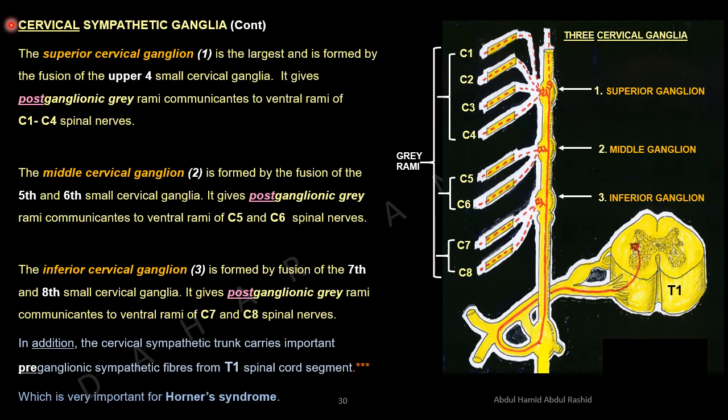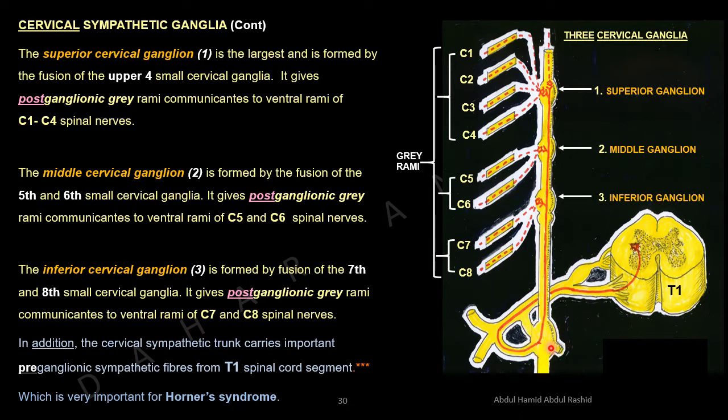Cervical sympathetic ganglia continued. I have already mentioned there are three cervical sympathetic ganglia in the cervical region. This is the inferior ganglion, middle ganglion, and superior ganglion. These are preganglionic sympathetic fibers coming from here and then going along, reaching the paravertebral ganglion in the sympathetic chain, but without synapsing.